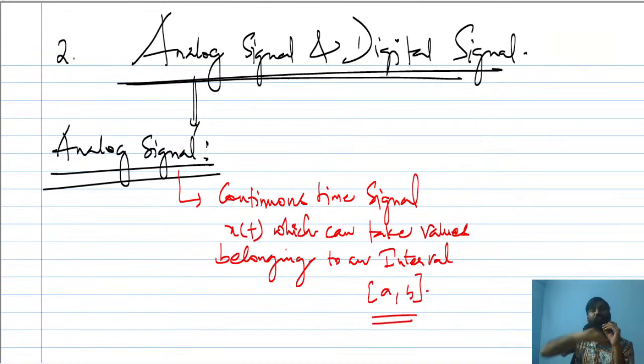You take any continuous time signal. So what is an analog signal? An analog signal is a continuous time signal. That should be your definition.